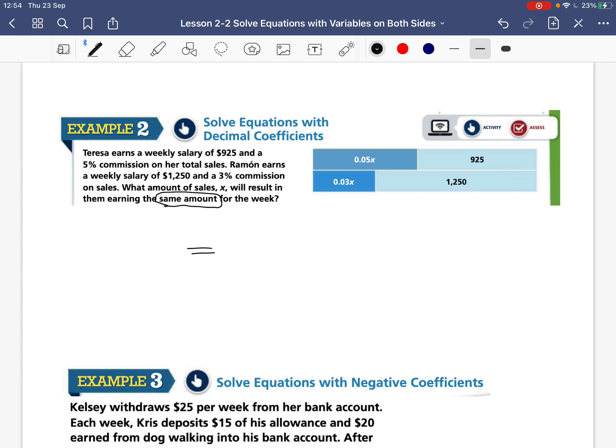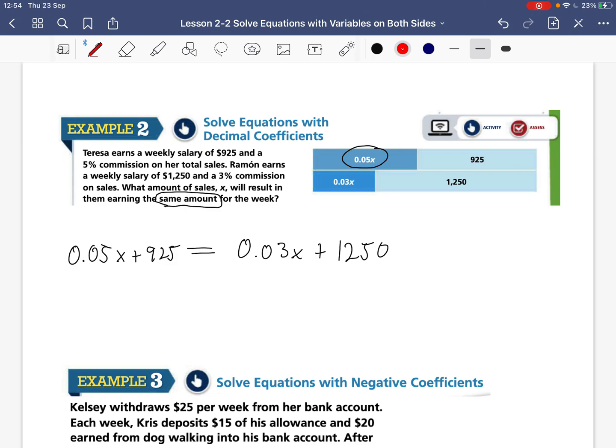So Teresa is making 0.05x plus 925, and Ramon is making 0.03x based off his commission plus the weekly salary. So now we can solve for x.